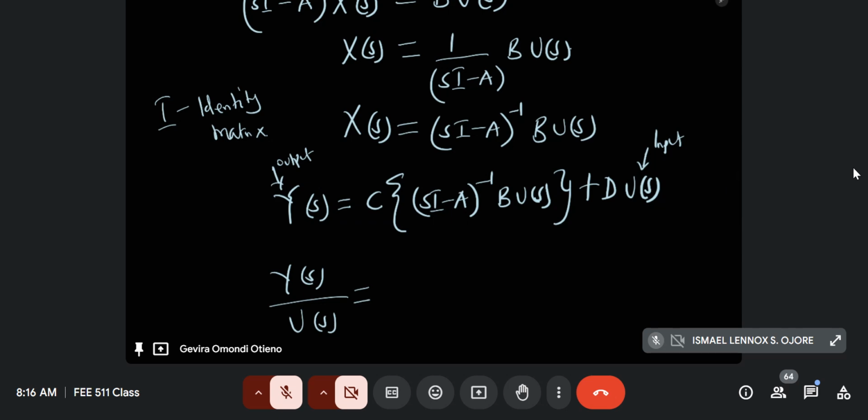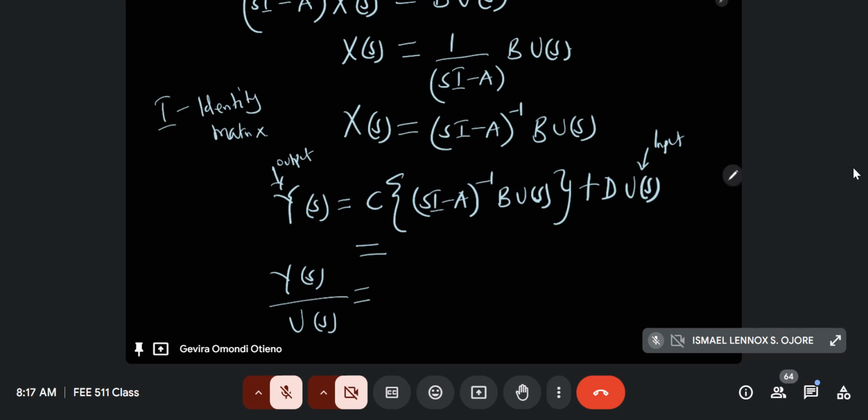We have to multiply C by this of B. Remember, if we were to bring this to this side, it means we had to factor out U of S for both sides. So this had to be here, for those who might be struggling.